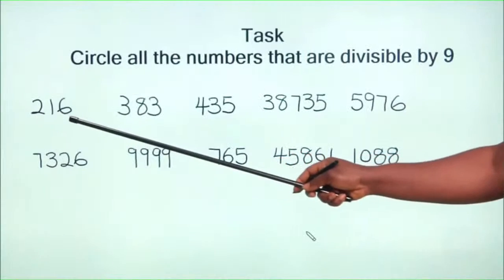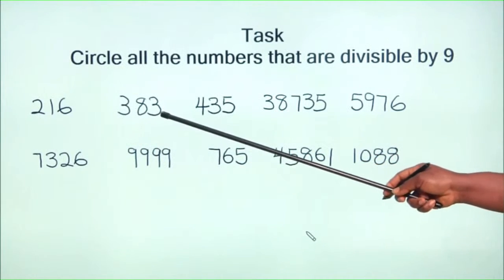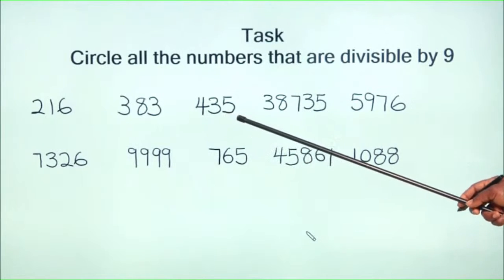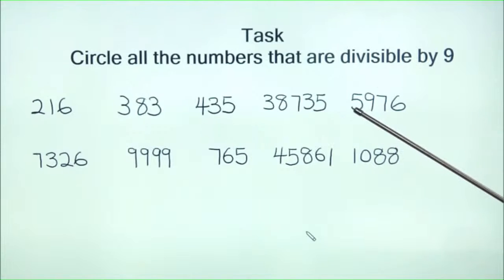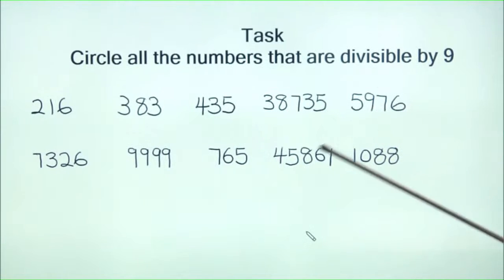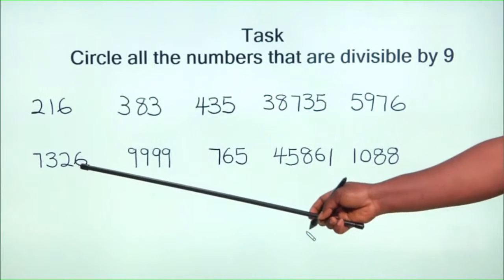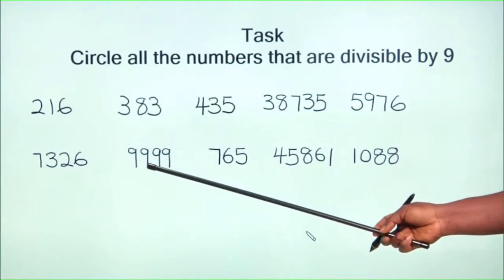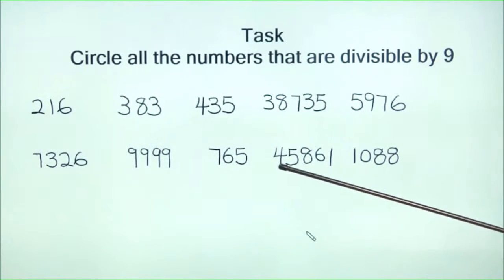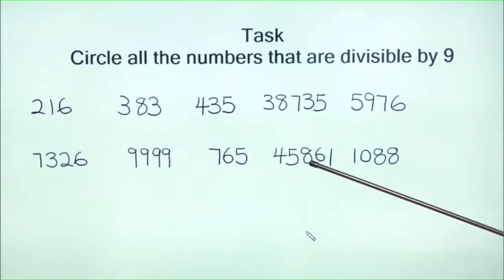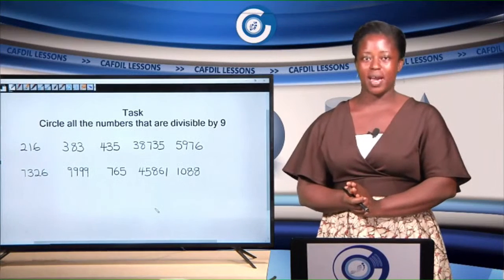You have 216, 383, 435, 38,735, 5,976, 7,329, 9,999, 765, 45,861, and the last one, 1,088. You have to circle all the numbers that are divisible by 9.